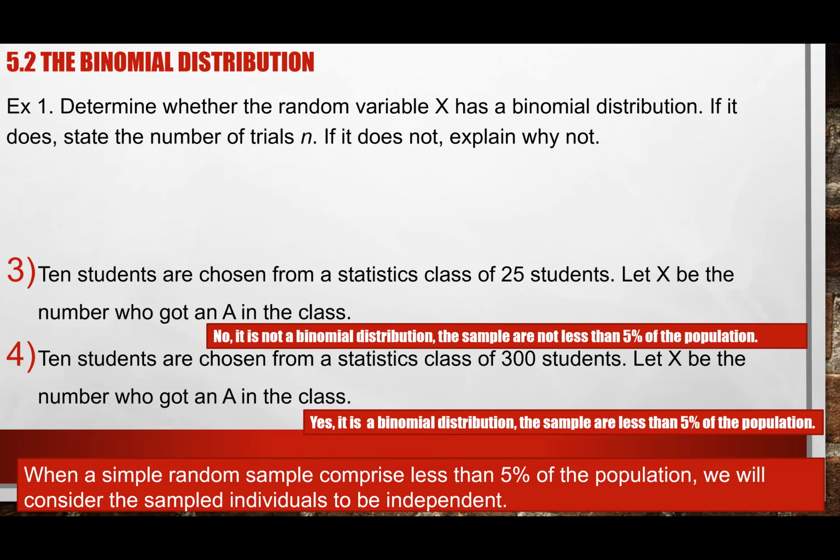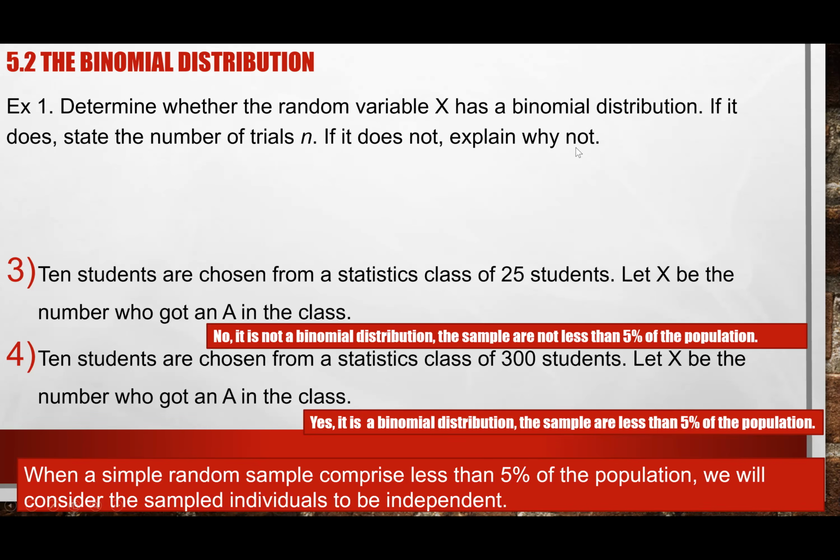And if we are dealing with a sample and population, the sample has to be less than 5% of the population in order to be considered a binomial distribution. In a real life situation, whatever our data is, the percentage has to be less than 5%.